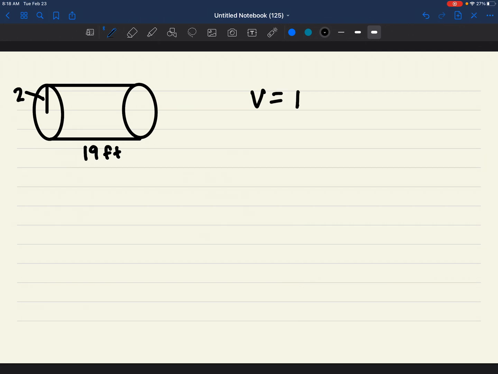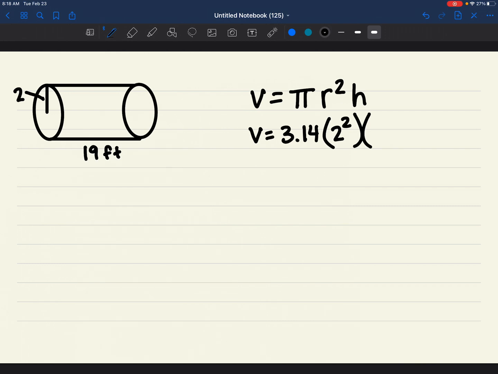Somebody want to take this one? Ethan, what'd you do? Write down the formula. Which is what? V equals B, I start with pi again. Yep. Pi times r squared times the height. All right, what are we going to plug in for pi? 3.14.